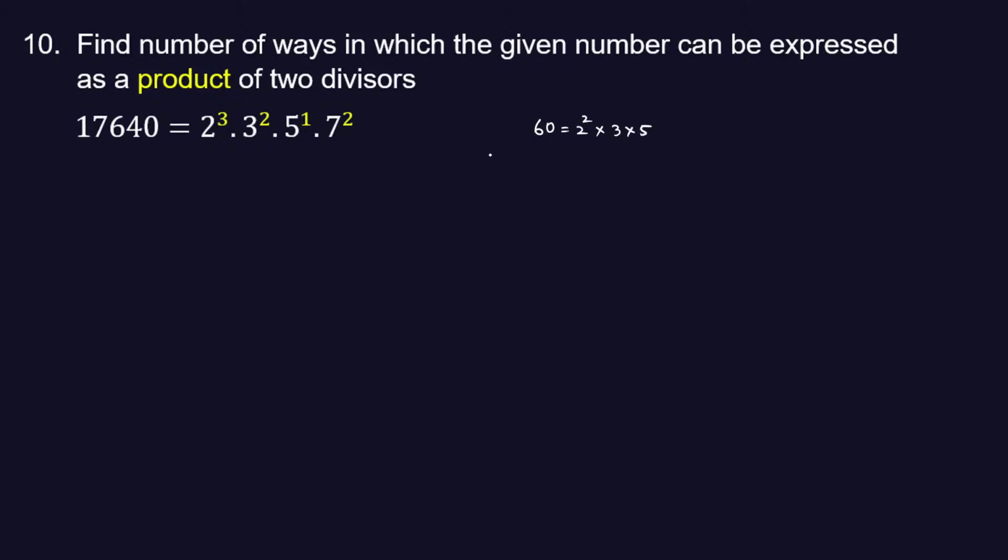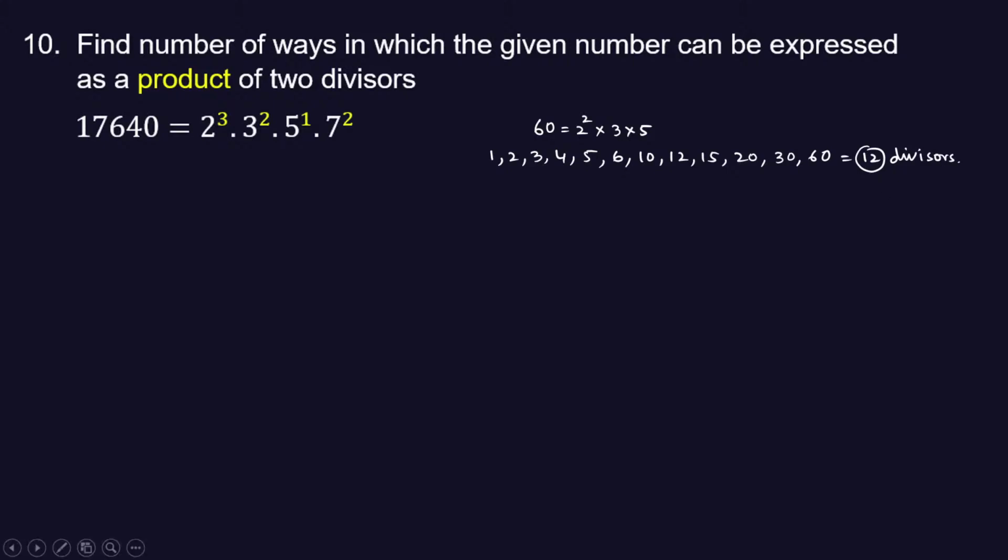And the divisors were 1, 2, 3, 4, 5, 6, 10, 12, 15, 20, 30, and 60. So there are 12 divisors here. Now look very carefully. 12 divisors.